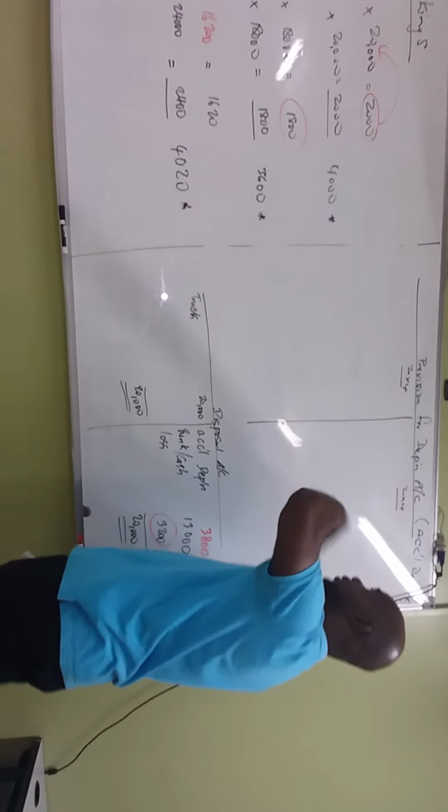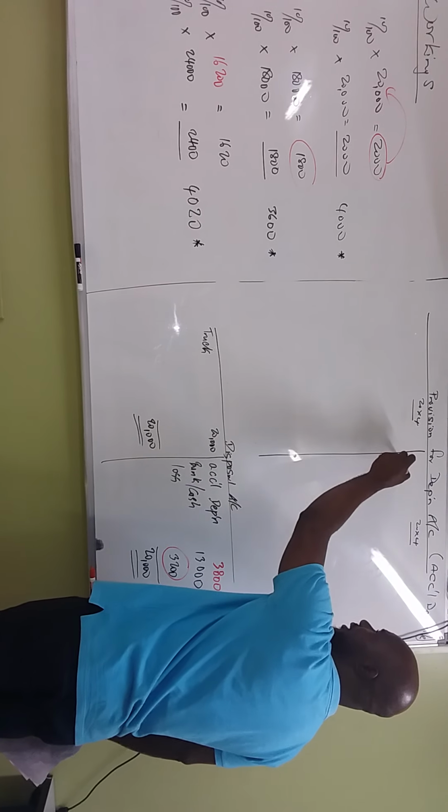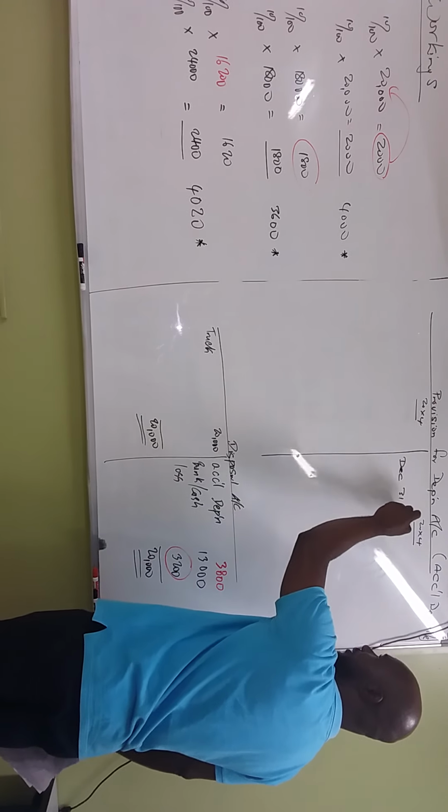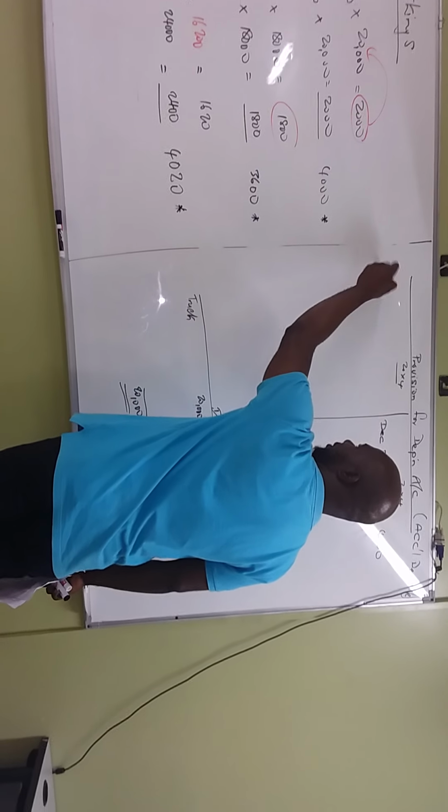So for the year 2004, the first entry, December the 31st, P&L, meaning it goes to the profit and loss, which represents the depreciation charge. Now 2,000 for asset A, 2,000 for asset B, gives you a total of 4,000. And then you balance off this account for 2004.